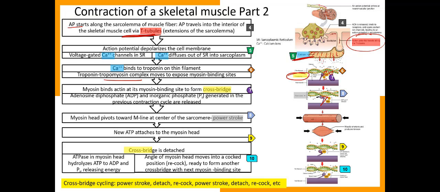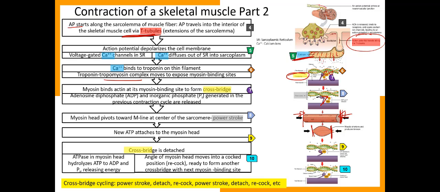You can see it's bent over here in a cocked position, and that allows a power stroke. In terms of the power stroke, it makes the sarcomere shorter, right? So this is when it's relaxed. This is when it's contracted. So you can see here it's significantly shorter.